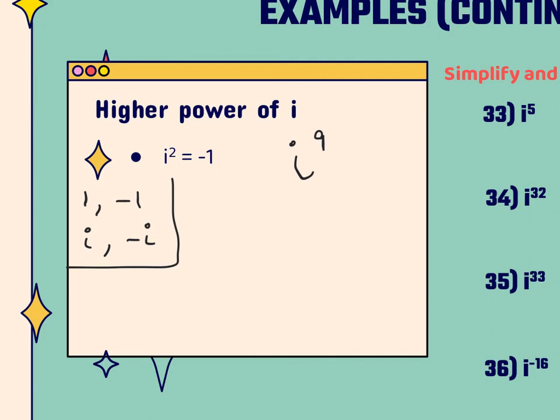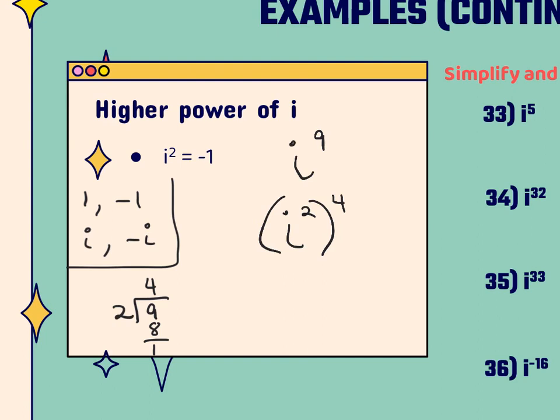So what I do is I take the exponent and I divide it by 2. 2 will go into 9 4 times with 1 remainder. An odd exponent is always going to have 1 left over. So then whatever I get when I divide by 2, that is going to become the power that's on top of the i squared.